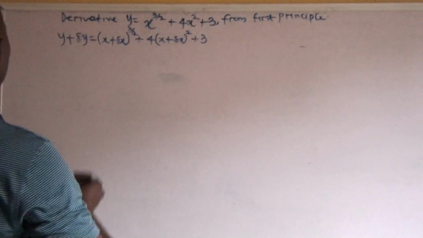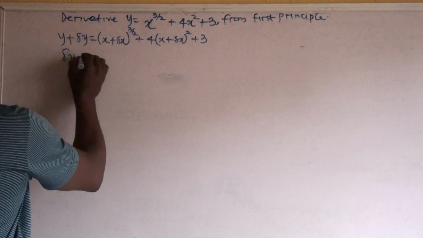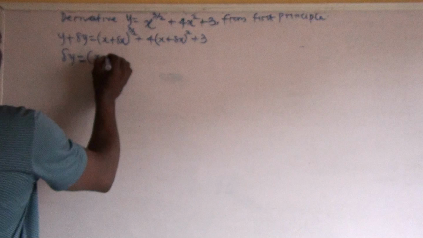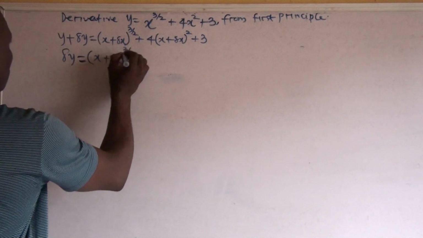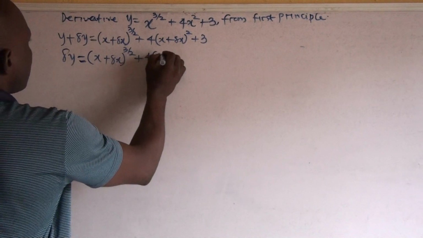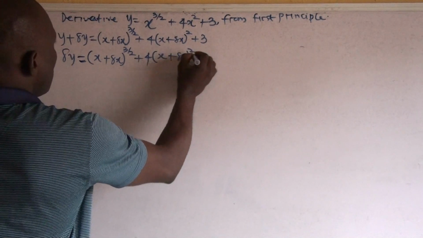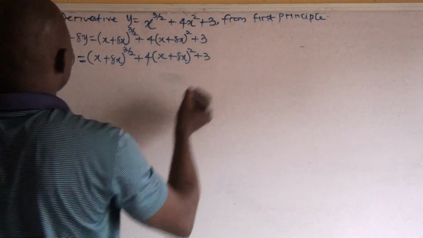Okay, and next we move the y to the right hand side, and this becomes x plus delta x raised to power 3 over 2 plus 4 open bracket x plus delta x all square plus 3 minus y.